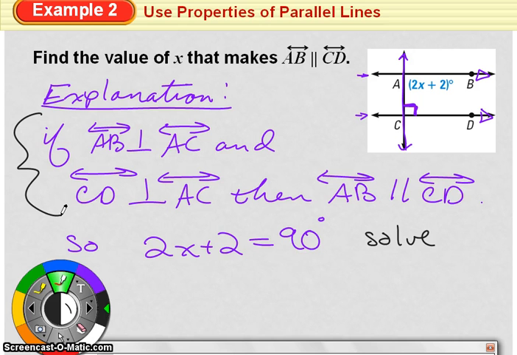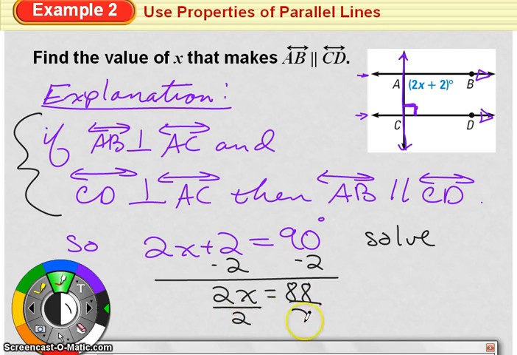So we solve this. You should be subtracting 2 first. Keep working on those algebra skills. This is 2x equals 88. Divide next. So x equals 44. And it just said find the value of x. We don't have to plug that back in.